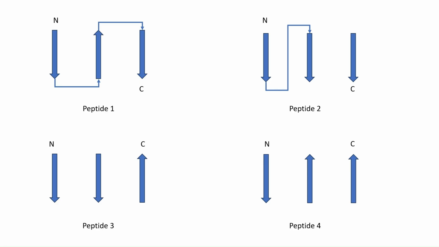So as we can see in the peptide 1, both of the linkers are of same length. Now moving on to peptide 2. Because of the orientation, the linker that links the C terminal of the first strand to the N terminal of the second strand is longer compared to peptide 1.